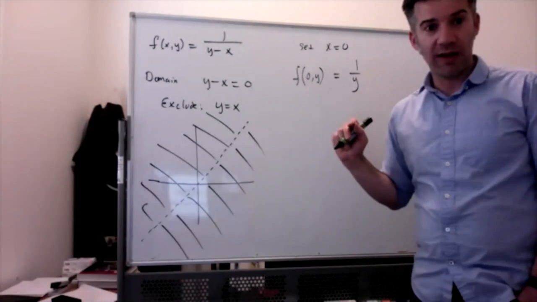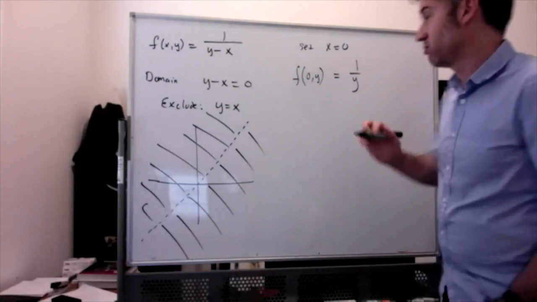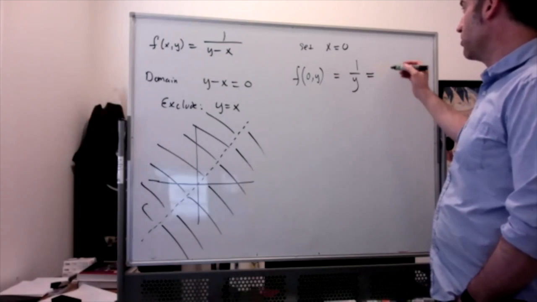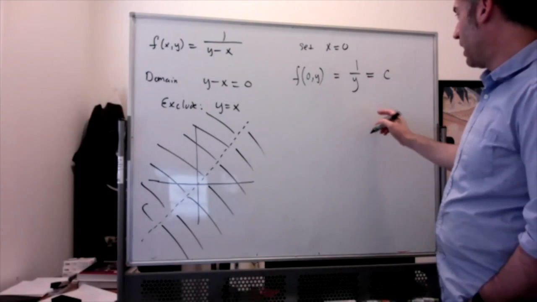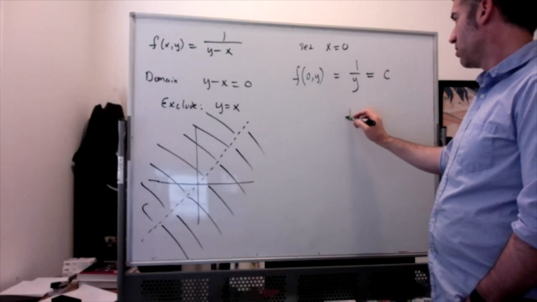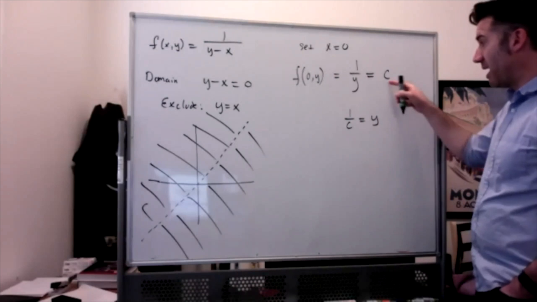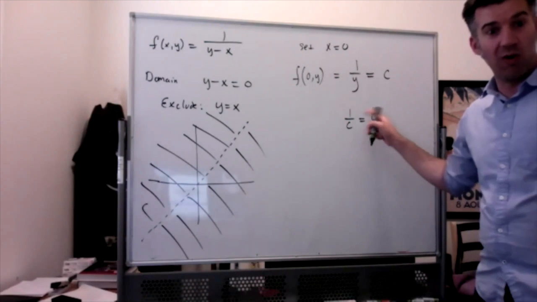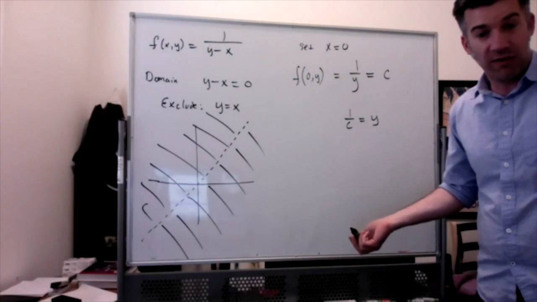And 1 over y can equal anything except 0. If you set this equal to some number c and solve for y, 1 over c equals y. I can get any c value by letting y equal 1 over c, except for 0, because 1 over 0 is undefined.